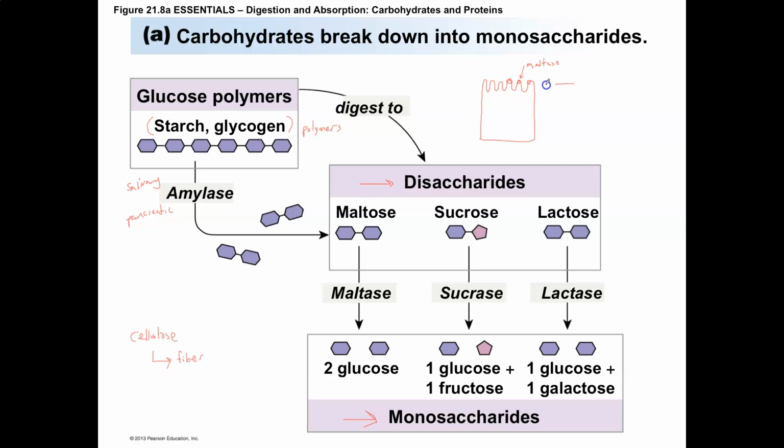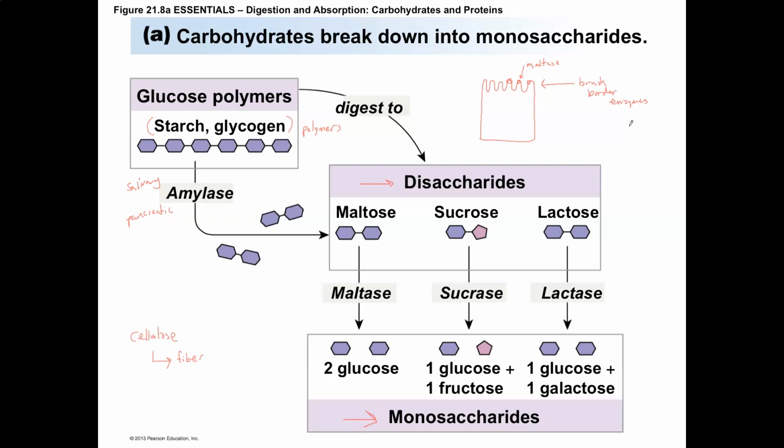So any enzyme that is attached to the microvilli is going to be referred to as a brush border enzyme. And it's not just carbohydrate ones. You're going to see other enzymes that are brush border enzymes. But we're starting with this idea of carbohydrate digestion and these carbohydrate brush border enzymes.